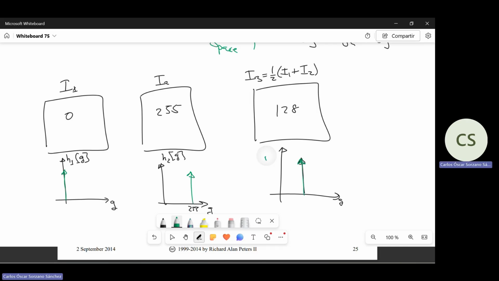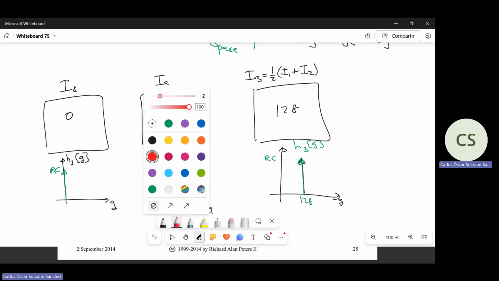This is RC, number of rows, number of columns, and this is 128. So this is H3 of G.